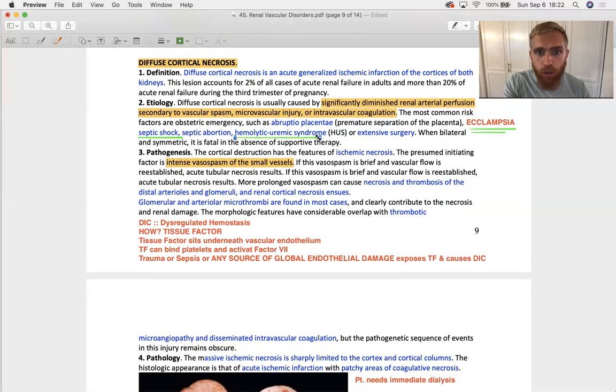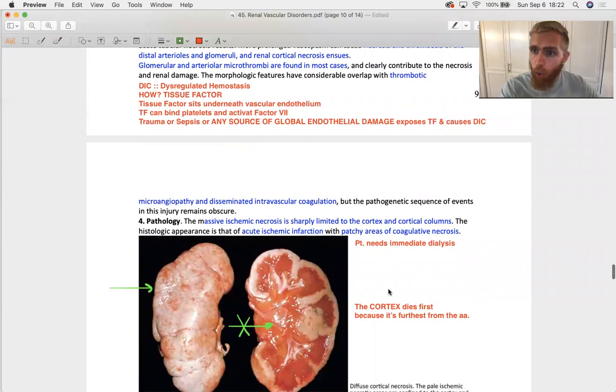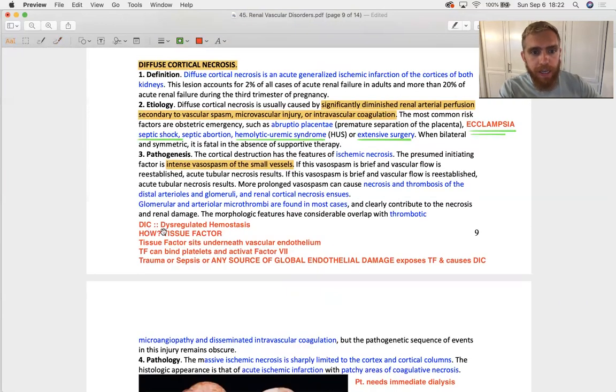Hemolytic uremic syndrome could do the same thing by depleting your platelets and tying up blood elsewhere in the circulation. Extensive surgery leading to straight up hypovolemia, blood loss, could do it as well. So anything that drops perfusion to your kidneys is going to cause this bilateral cortical infarction, which manifests grossly as pallor.